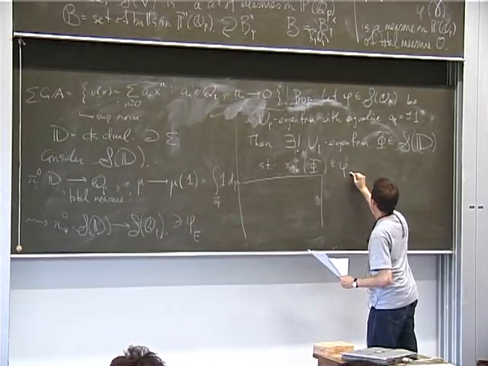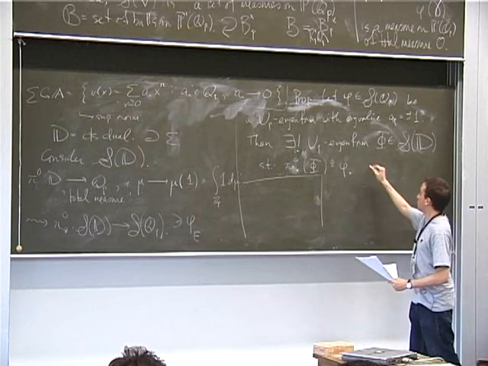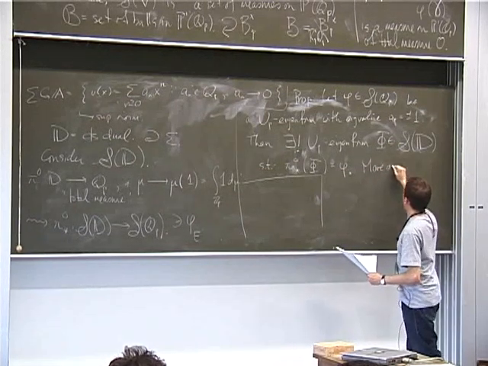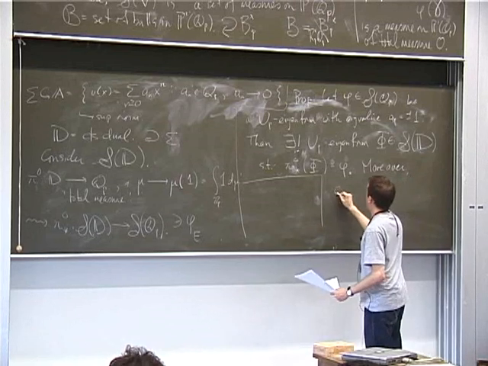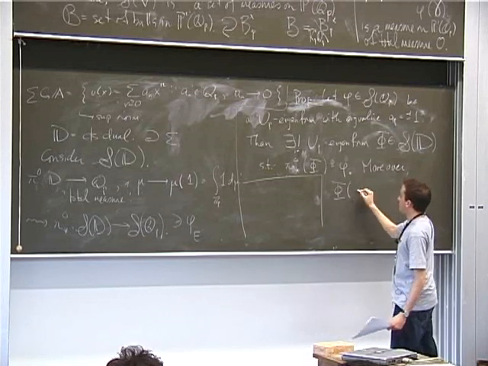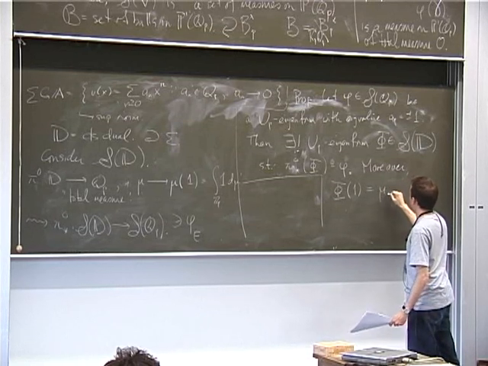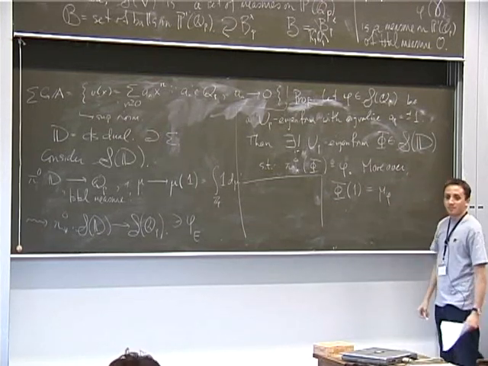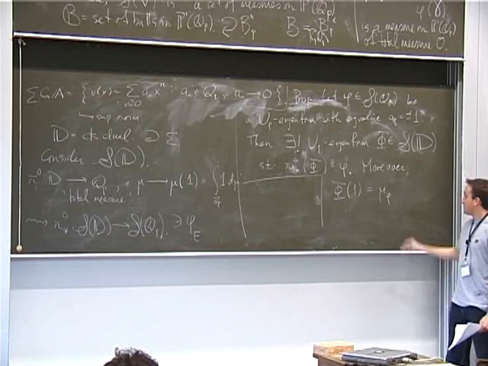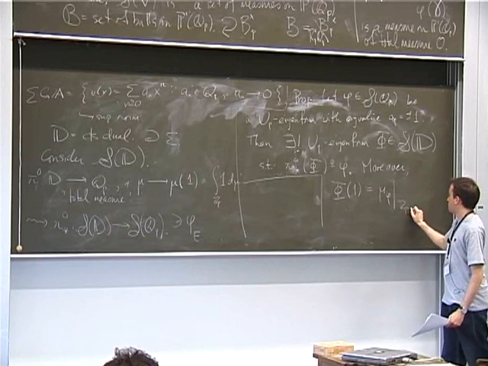Oh, one more. I forgot probably the most relevant point in this theorem. Moreover, this eigenlift phi satisfies the equality phi of 1 is equal to the measure associated to this form phi, if you restrict it to ZP.